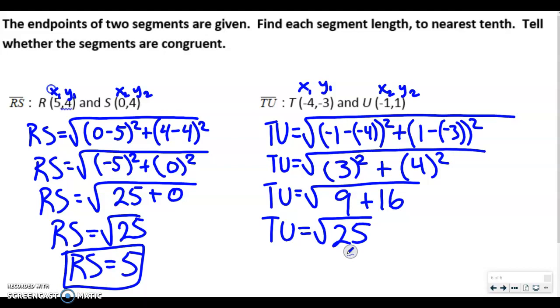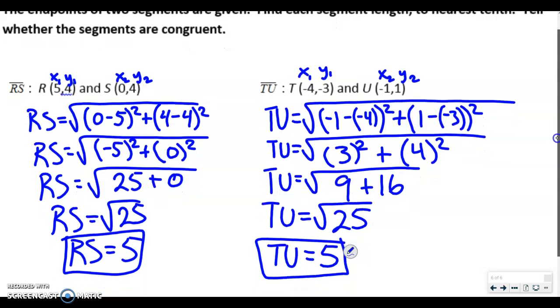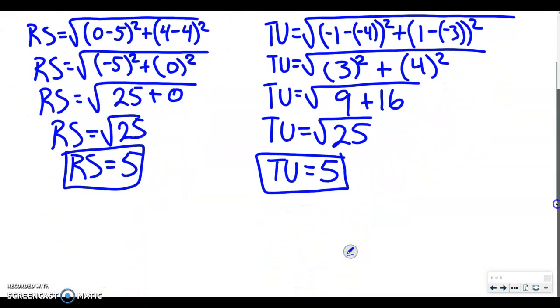And the square root of 25, which we just figured out on the other side, is 5. So we found both of the segments, but what else does the question ask for? It says, tell whether the segments are congruent. And congruent means the same. So yes, they are congruent.